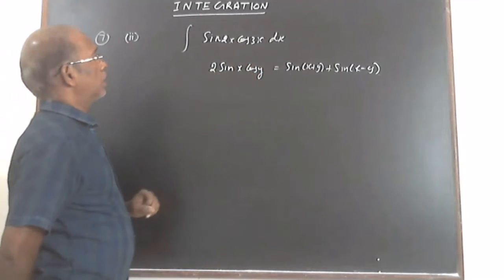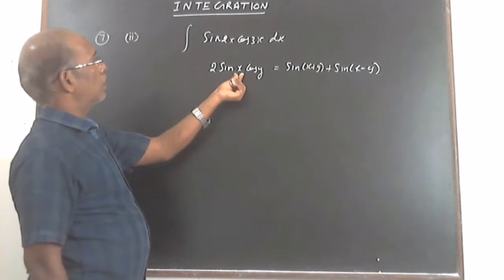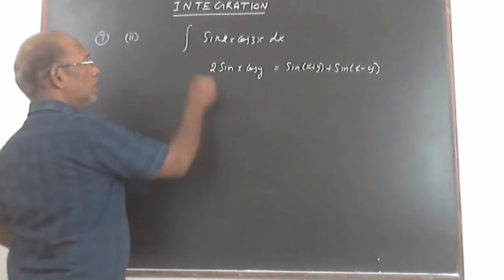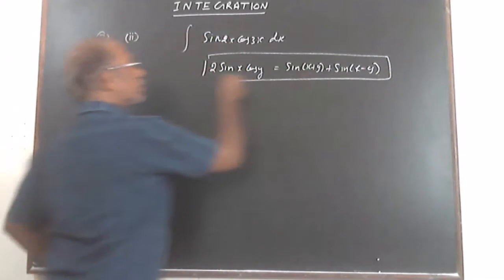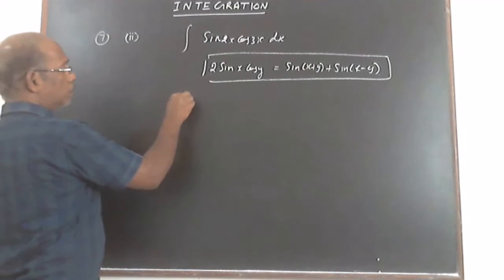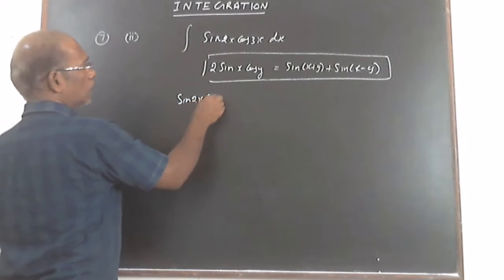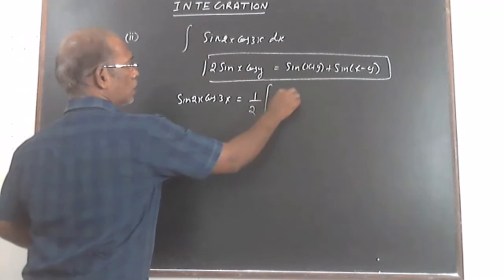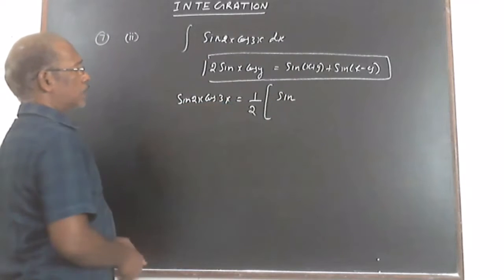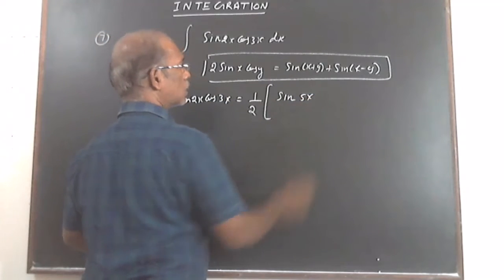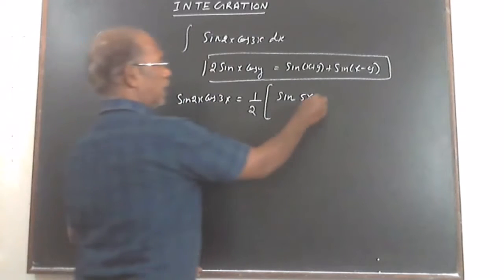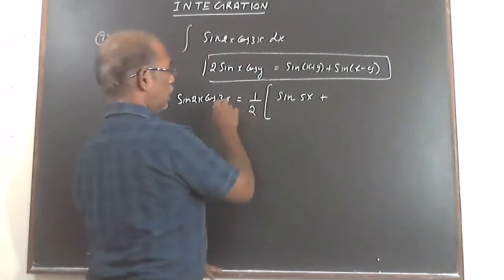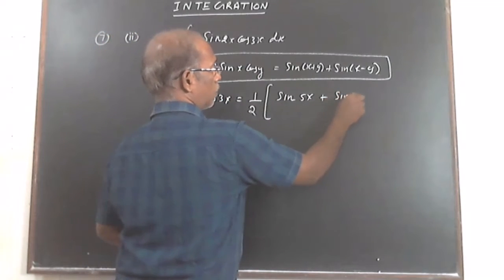Using this formula, in the place of x we have to take 2x, and in the place of y we have to take 3x. Then sin 2x cos 3x is 1 by 2 times sin of the sum of these two, 2x plus 3x, 5x, plus sin of the difference of these two, sin of 2x minus 3x, sin of minus x.